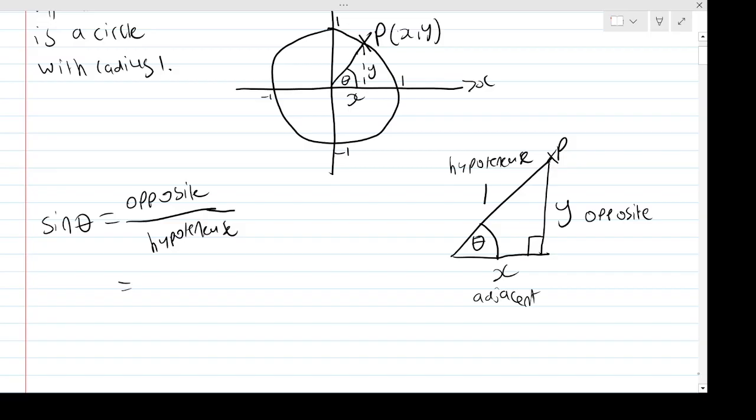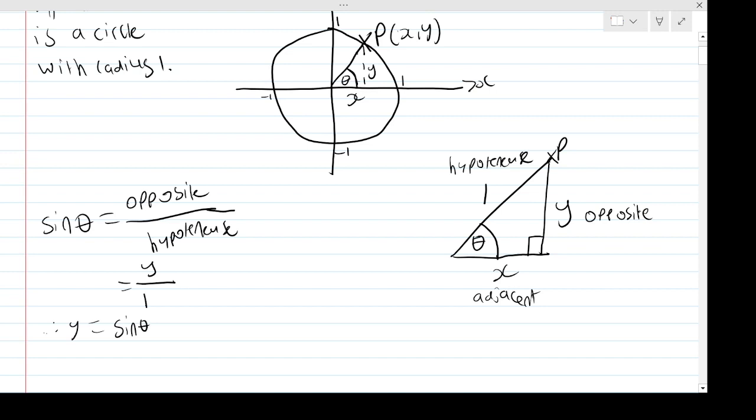And the opposite then is this y over the hypotenuse, which is actually just 1. Therefore, we're just dividing y by 1, that's just y. Therefore, we can deduce that y is just sine theta. So it's sine of the angle the point makes with the axis.